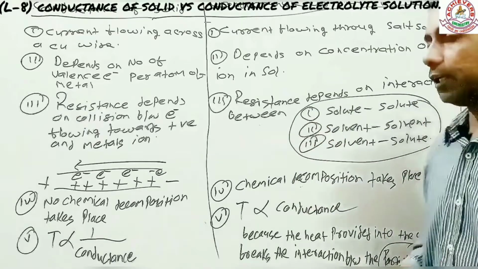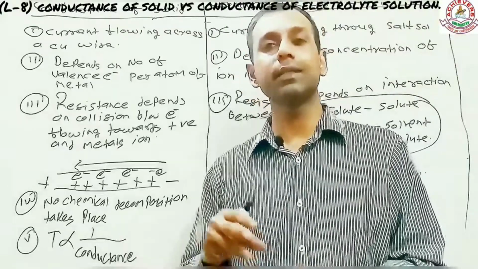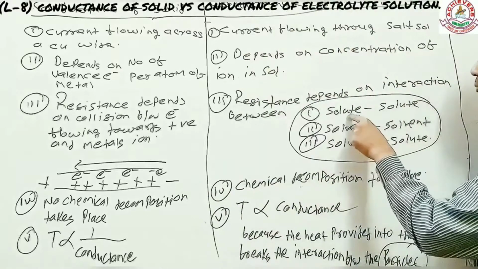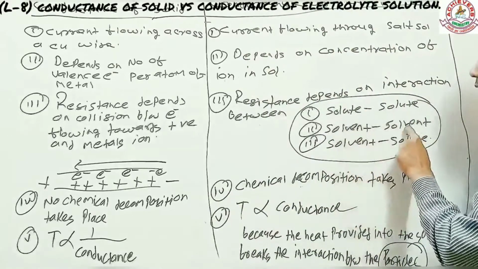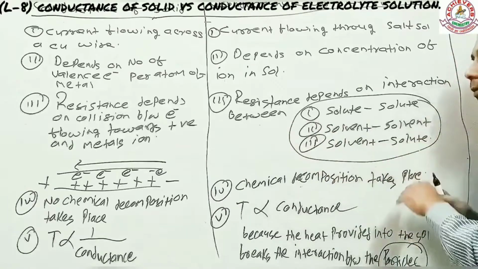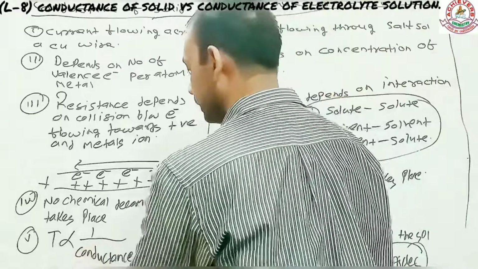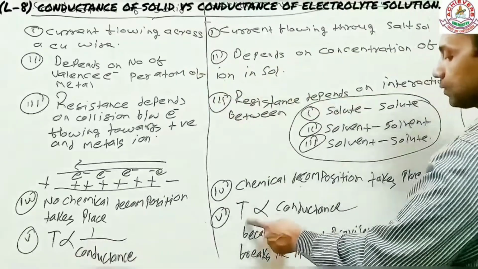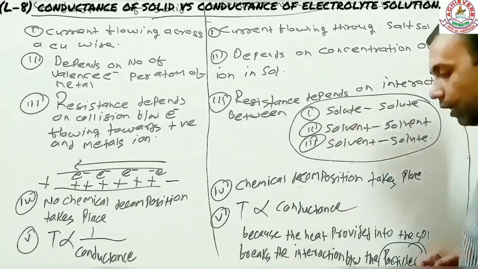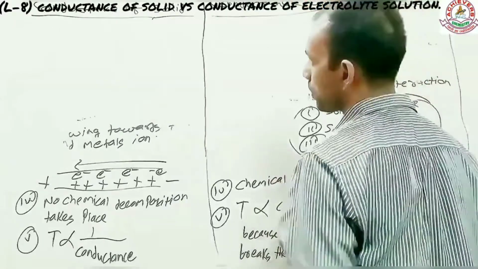Let me repeat. Increasing the temperature means you are increasing the heat in the system. So that heat breaks the forces of attraction between solute-solute, solvent-solvent, and solvent-solute. And if the force of attraction decreases, the ions will become free and they will easily move. So in a solid, increasing temperature decreases the conductance, but in a solution, increasing temperature increases the conductance because the force of attraction decreases.